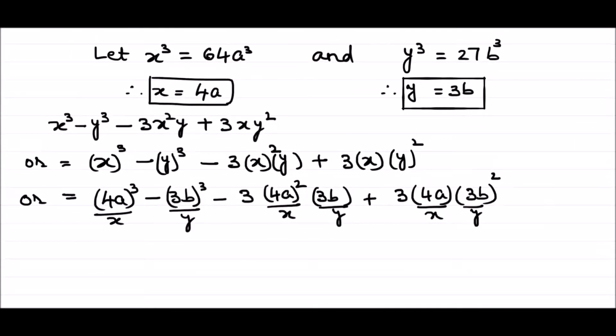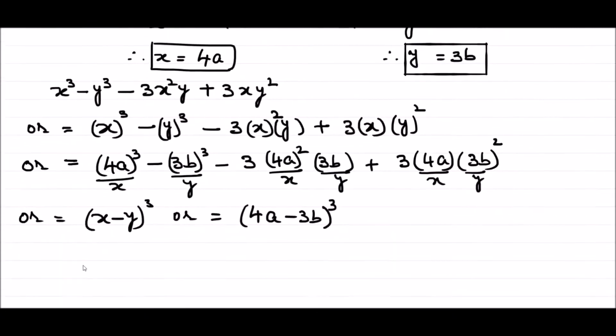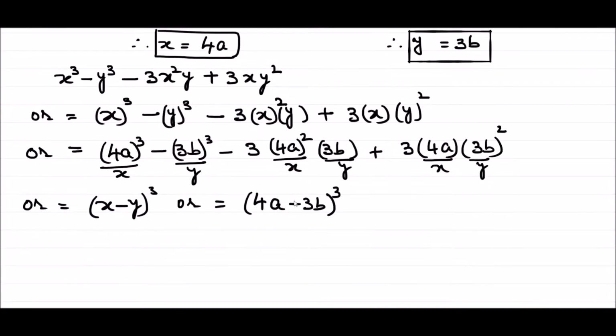So I can write the above as x minus y whole cube, or in other words 4a minus 3b whole cube, replacing the values of x and y. Hope guys I am very clear till here. We almost reached the answer, but we need to expand it a little bit.